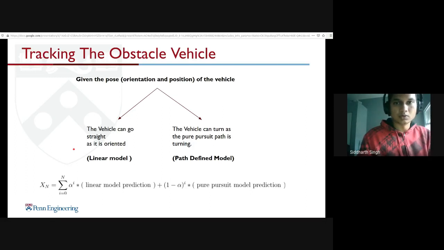Yeah, so if it was alpha raised to the power i instead of 1 minus alpha raised to the power i, as i increases we would have the value of alpha decreasing, because alpha has to be between 0 and 1. So as i increases, we would have lesser weightage on the linear model and more weightage on the pure pursuit model, because alpha is decreasing as i is increasing.